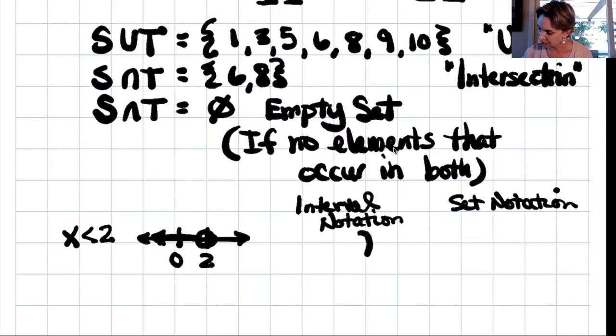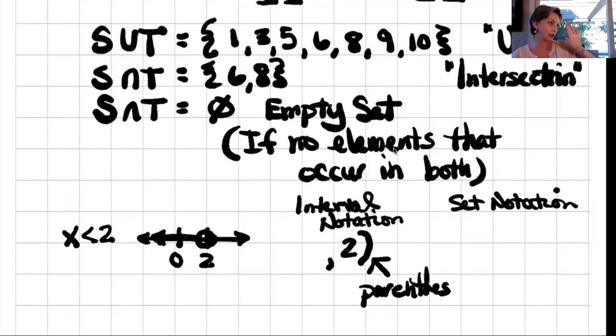Okay, it goes up to 2, but doesn't actually include it, so parenthesis. And then on the left-hand side, it's kind of going on forever, right? It's going on to infinity. So we write that as negative infinity. Negative infinity to 2. Okay, parenthesis on 2 because it doesn't actually include it.